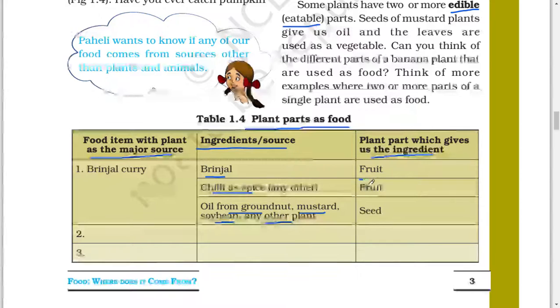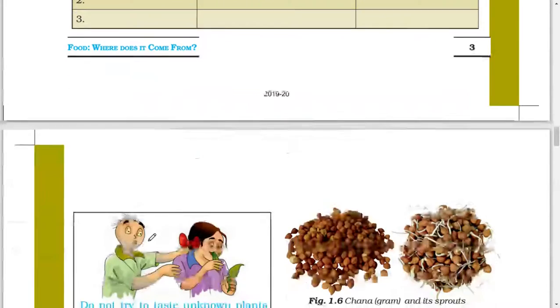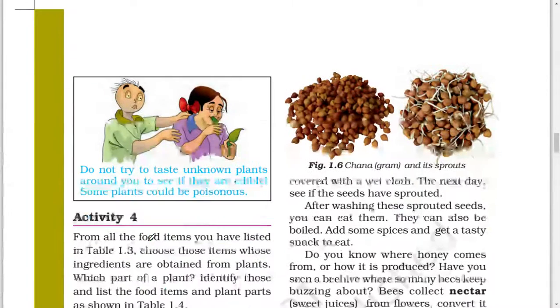This is the fruit, this is the seed. Do not try to taste unknown plants around you to see if they are edible. Some plants could be poisonous.